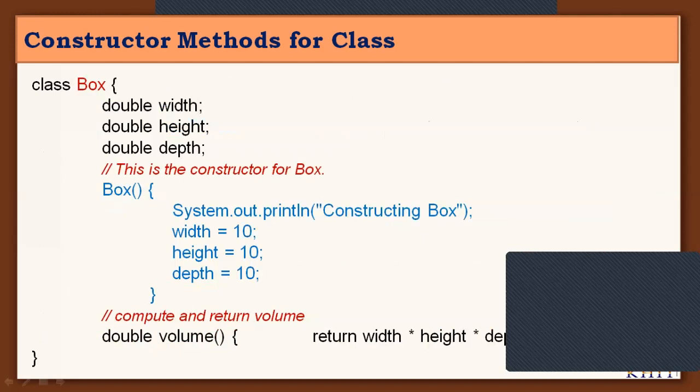Coming to the example of a constructor method for a class. Consider the previous example, the Box class, and these are the instance variables, or data related to the box object, and this is the constructor. The constructor has the same name as the class, and it is like a method but doesn't have any return type, and this is the scope of the constructor.